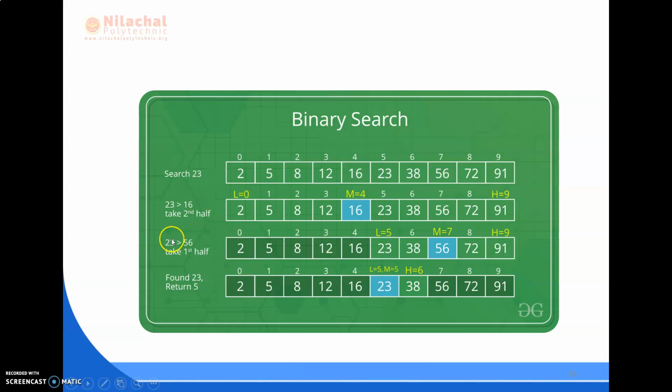Again we need to check, is 23 greater than or less than 56? 23 is less than 56. So what we need to do? Need to check the left side of this list. That is, we need to check the lower bound as 5 and upper bound as 6.